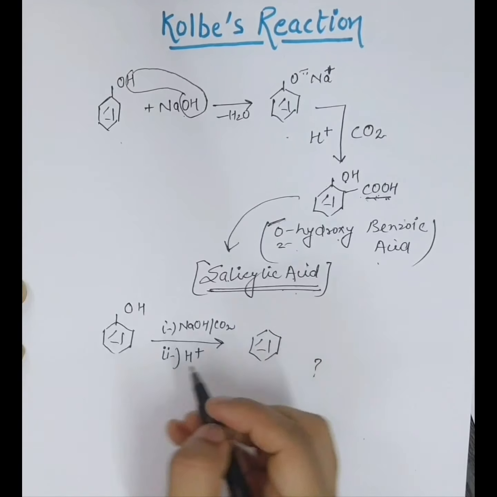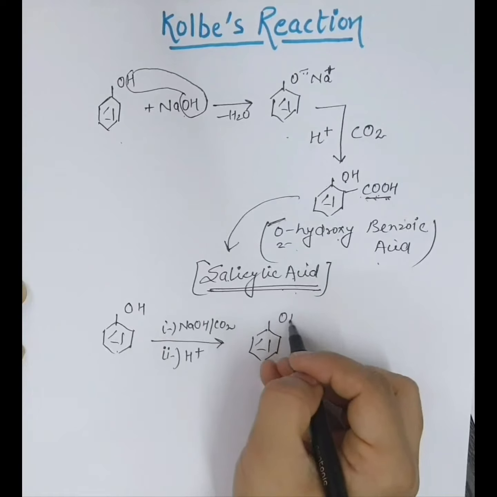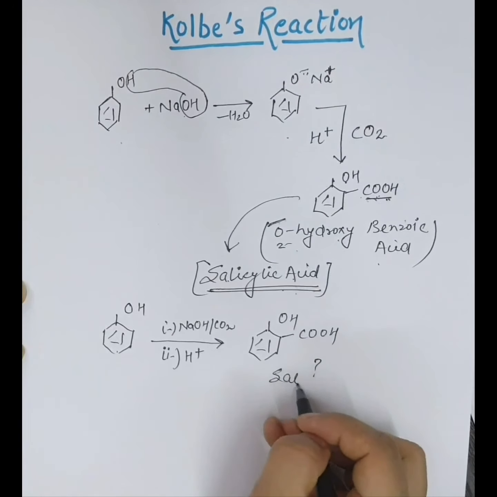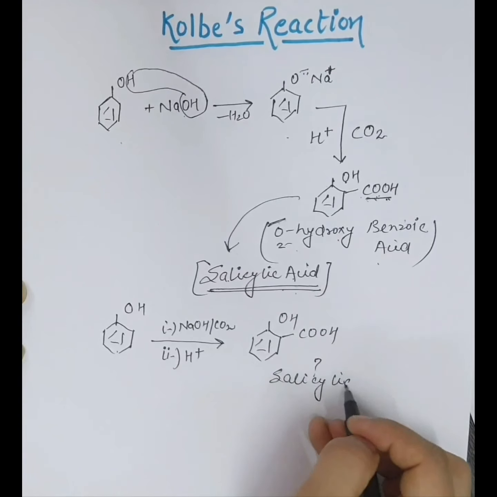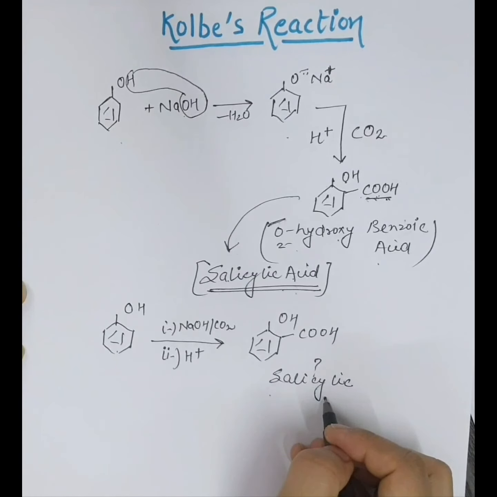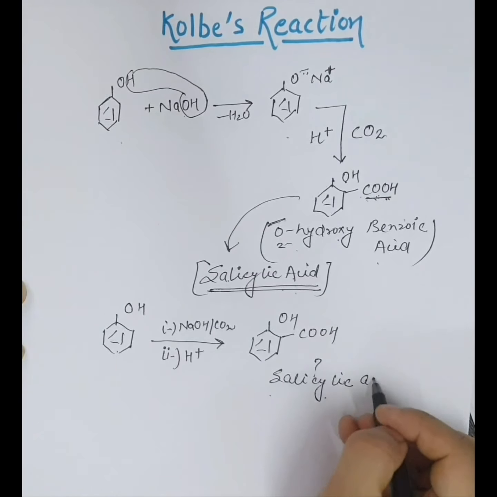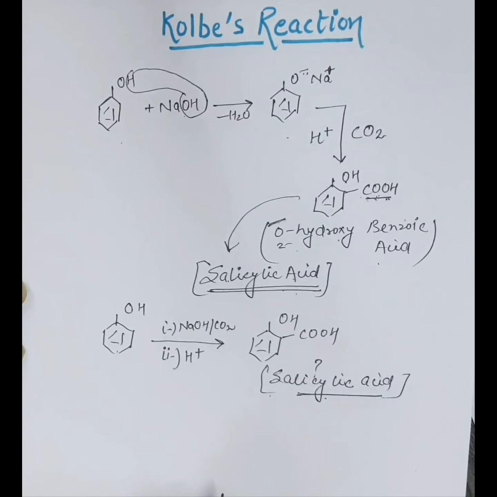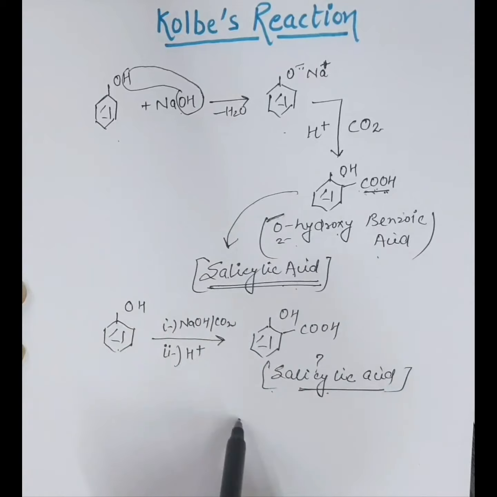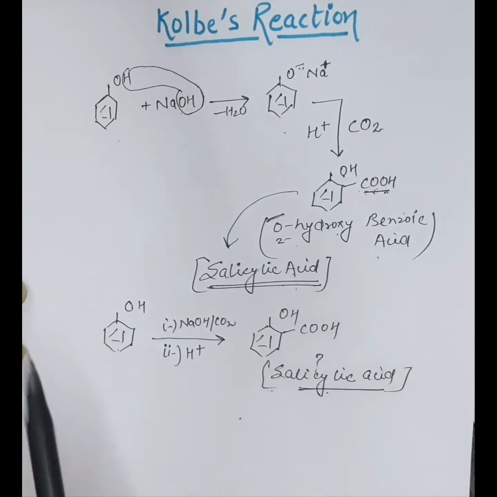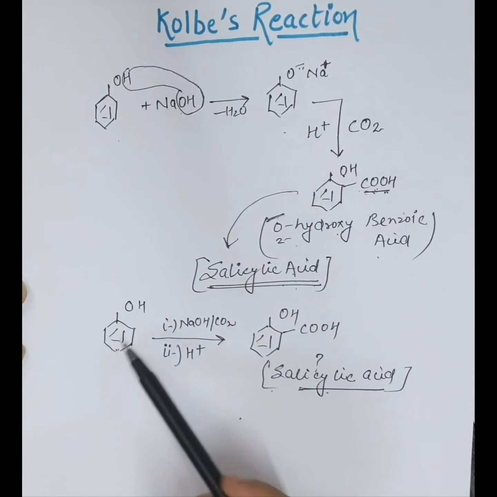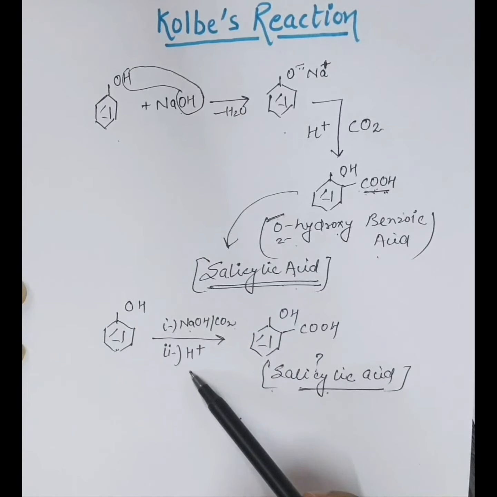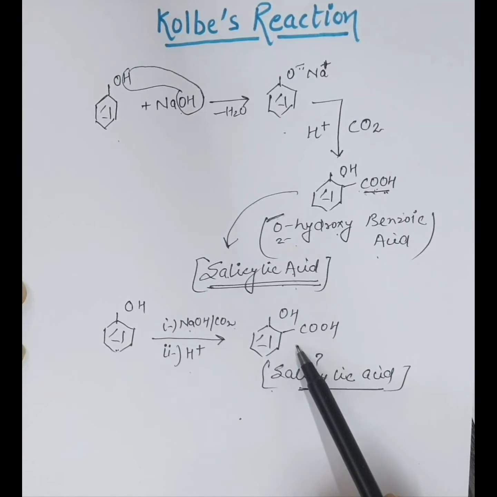You will write directly OH and COOH here, meaning salicylic acid. Many times only the product name is asked in the exams too, so this name is important. This is the general Kolbe reaction: phenol reacts with NaOH and CO2 followed by acidification and forms salicylic acid.